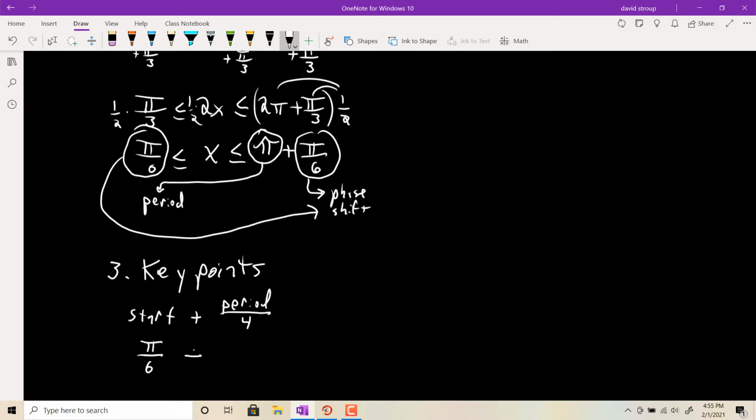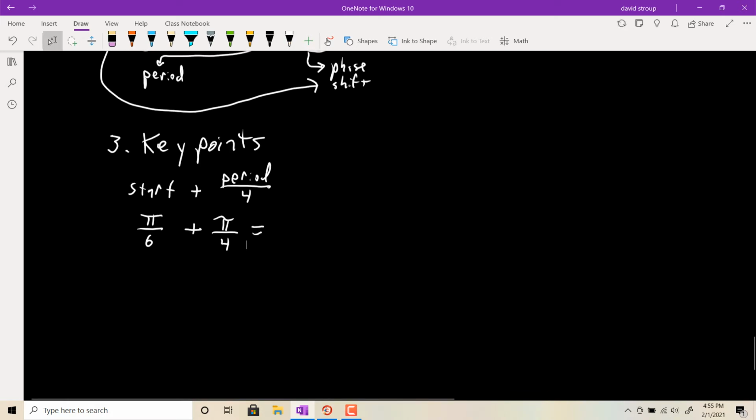So pi over 6 plus, in this case, the period divided by 4 is pi over 4. And then for the tick marks on your graph, you're going to want the common denominator of these. So you're going to start at 2 pi over 12, and then each time you're moving by 3 pi over 12.